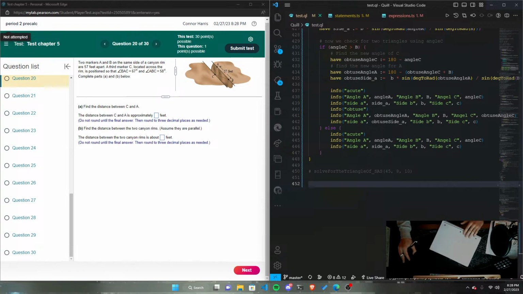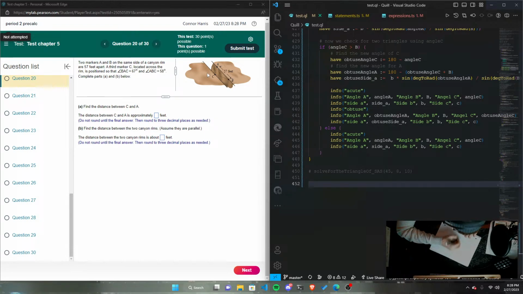Oh, cool, and there's no decimal point, so we can actually do this in Quill. And B, so angle B is 58.